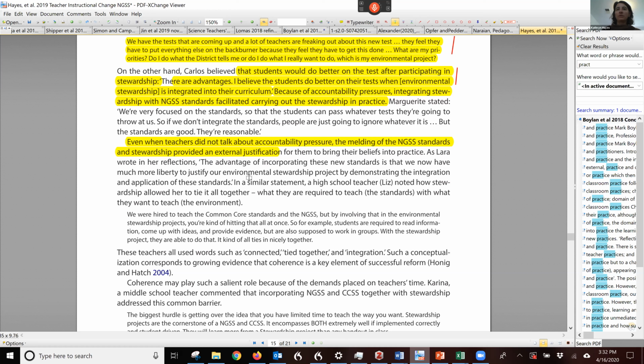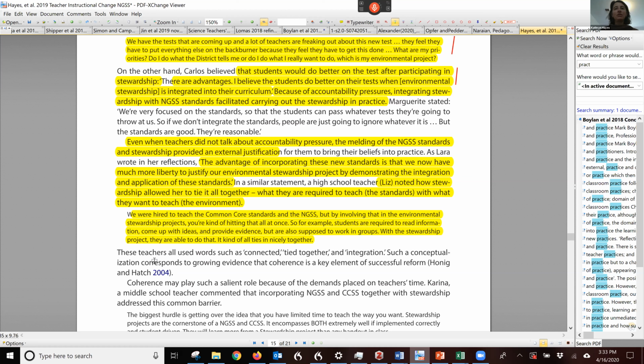And then I've got some quotes, right? Here's a quote from one teacher, and then a similar statement from another teacher. And notice that I introduced the quote a little bit. Liz noted how stewardship allowed her to tie it all together, what they are required to teach and what they want to teach. So I introduced the quote, and then, this is very important, I unpacked all the quotes together.